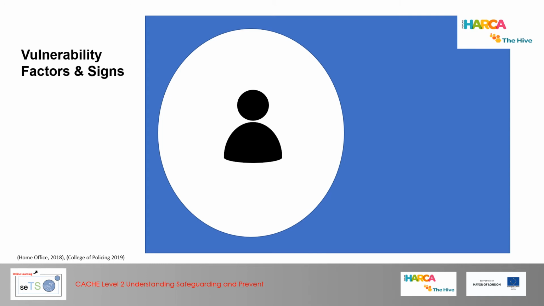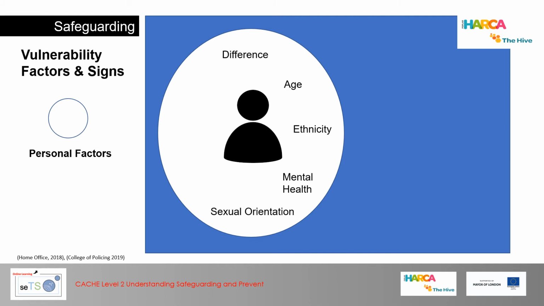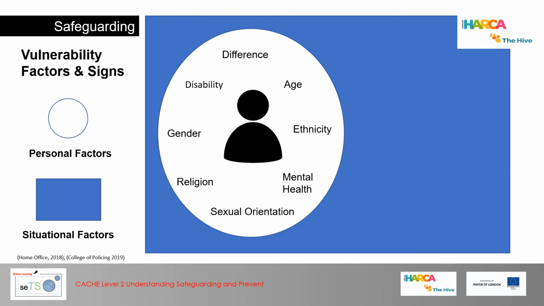And as described in session 1, these vulnerability factors and signs can be their personal factors such as their difference, their age, their ethnicity, their mental health, their sexual orientation, their religion, their gender and disability, and the situational factors they may find themselves in.